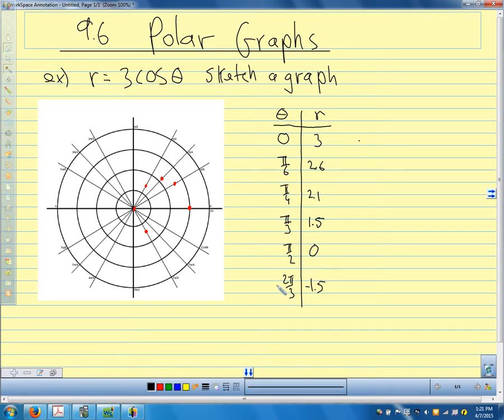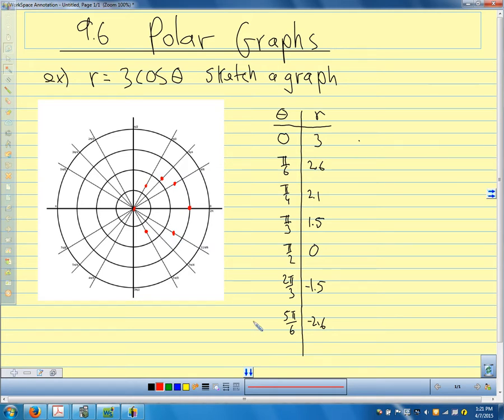Then I'm going to go to 5 pi over 6. When theta equals 5 pi over 6, I get negative 2.6. There's about 2.6, and I go negative, so I end up about here.